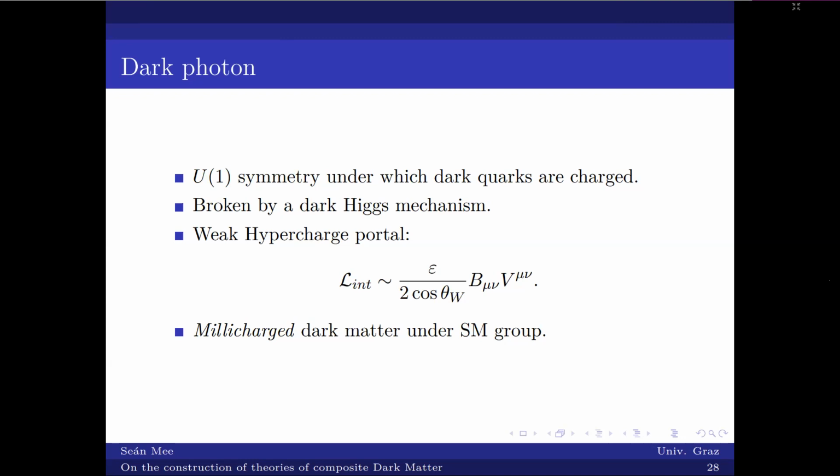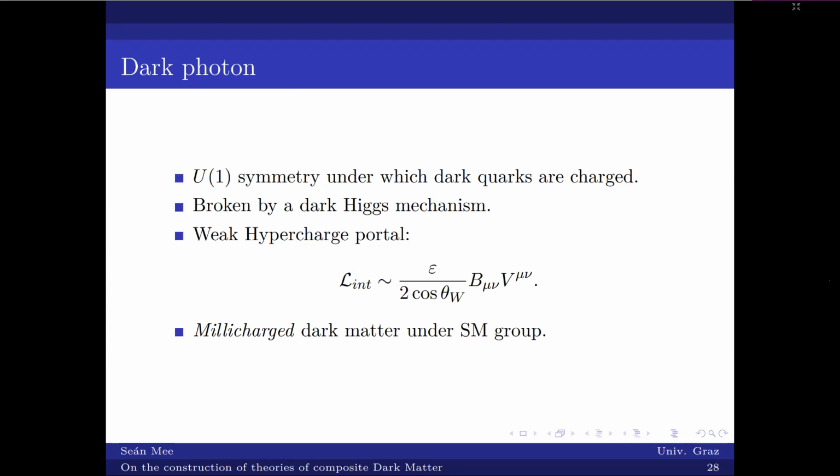If all your states are degenerate, you have 3 in the initial state and 2 in the final state. So for one, introducing this sort of portal allows you to dump heat into the standard model, basically, right?